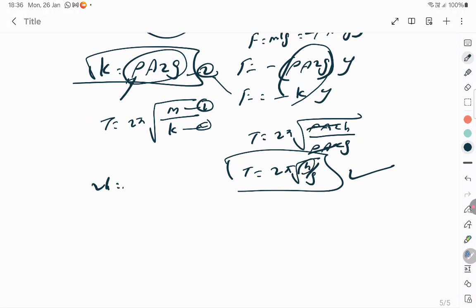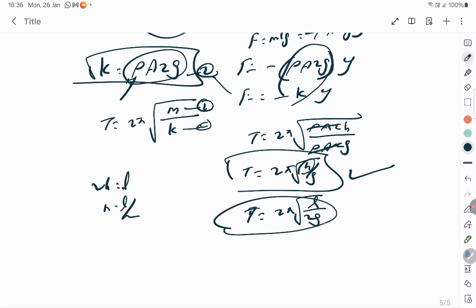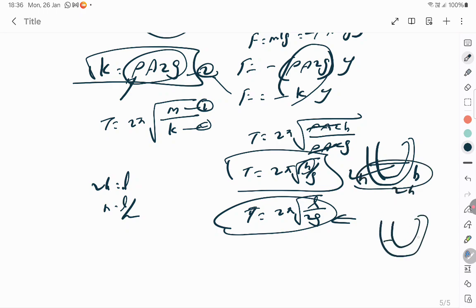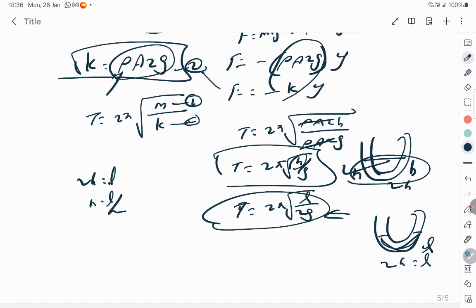So 2h is equal to L, h will be L by 2. So in that case, you can write it as 2 pi into root of L by 2g. So remember, it all depends. We have taken the initial height to be h here, and the total column as 2h. Supposing in the derivation they say the total mercury column initially itself is L, then you know 2h is replaced as L, and so you get this answer.